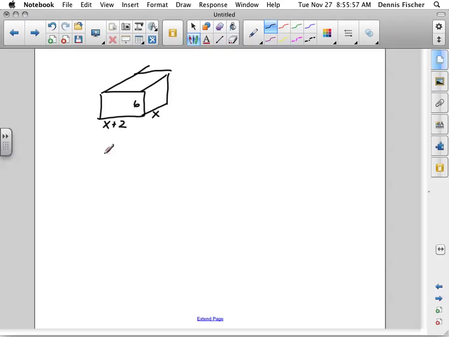So if I was working this out, my volume would be 6x squared plus 12x, correct?